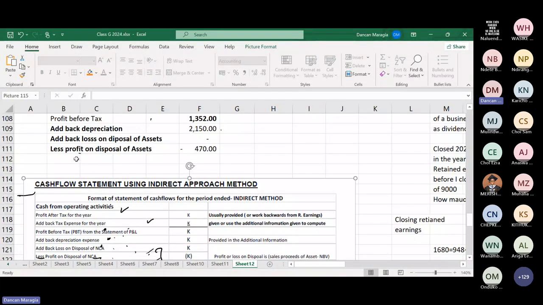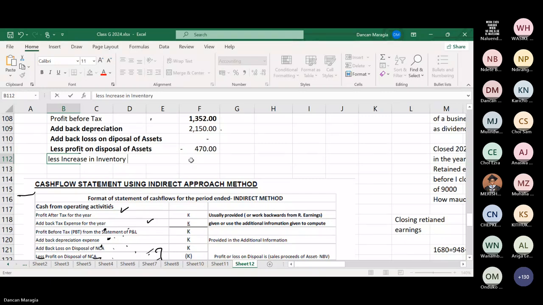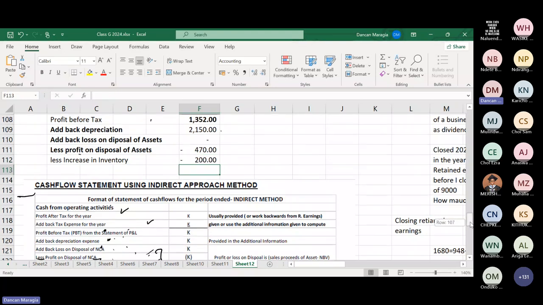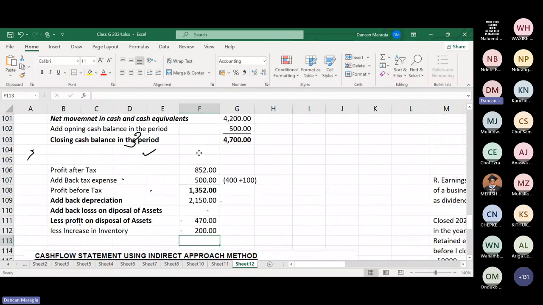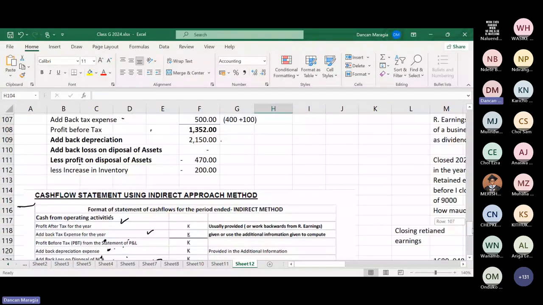So we come here and say less increase in inventory. $200,000 is 200 because the figures were raised in the financial statements. If you remember, you are working with raised figures. Any question there?